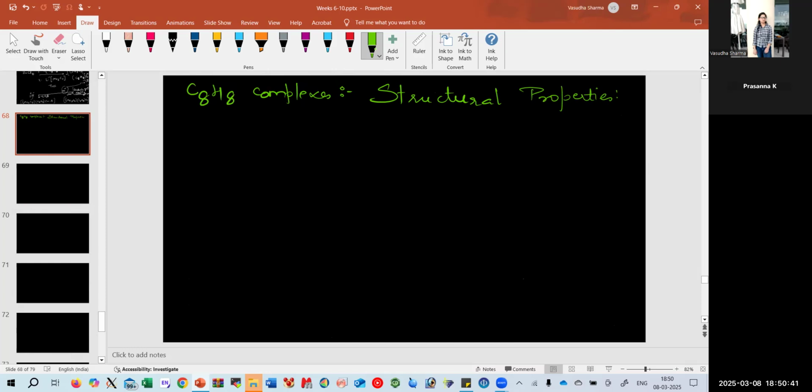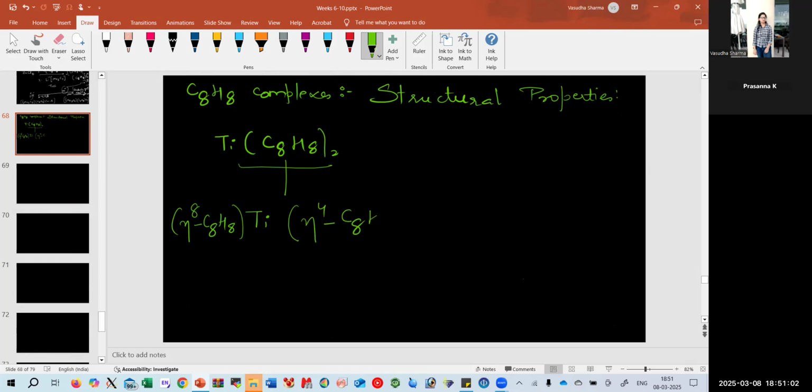Say for example, I have a titanium complex with C8H8 twice. Here, it actually exists in the form of titanium bound with eta 8 C8H8, one molecule, and another eta 4 C8H8.